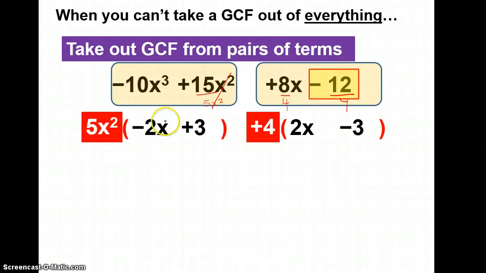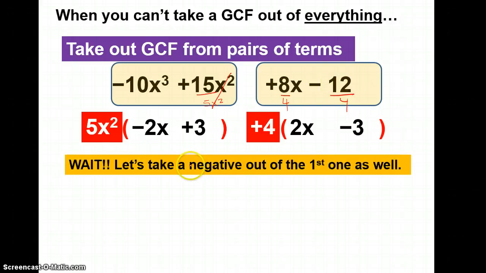Again, they look similar, but the signs are way off. So I'm going to need to divide out a negative somewhere, right, so that they can match. Let's take out a negative from the first one, just because this right here just looked awkward.